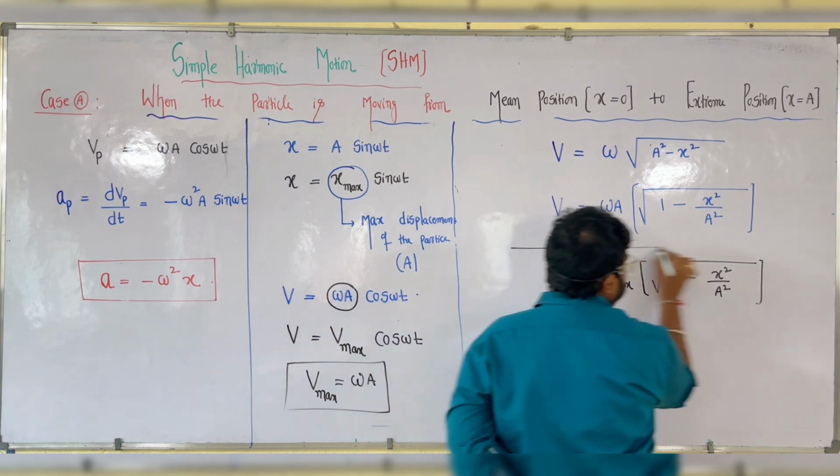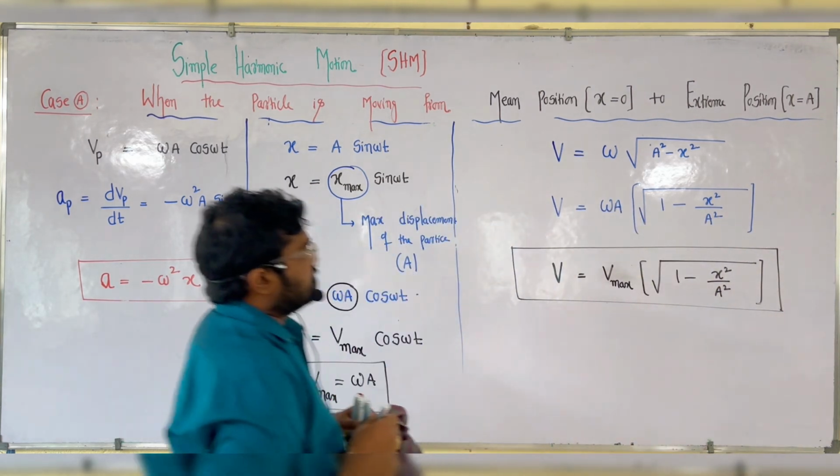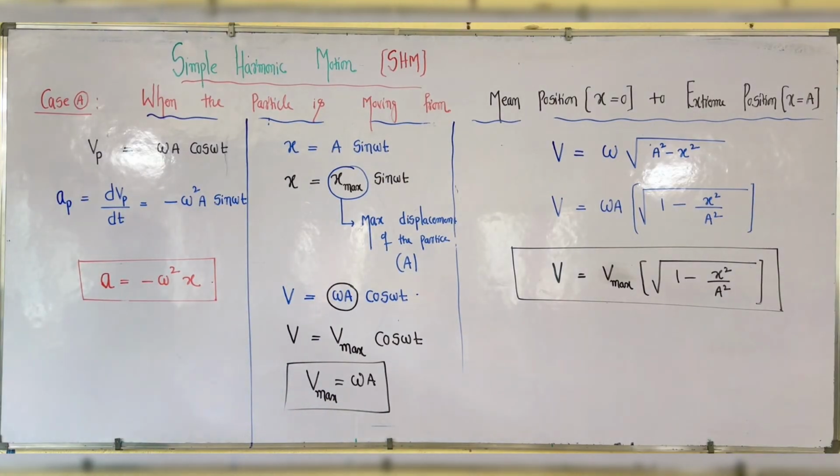This is v maximum, so v equals v maximum into square root of 1 minus x square by a square.